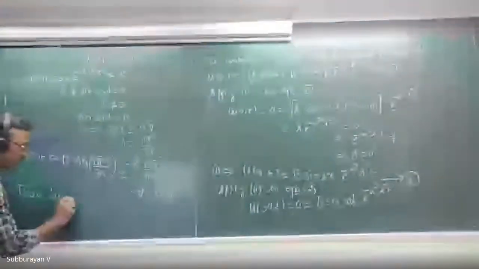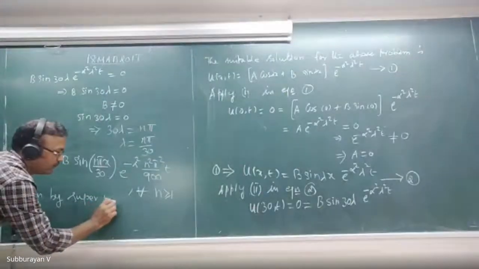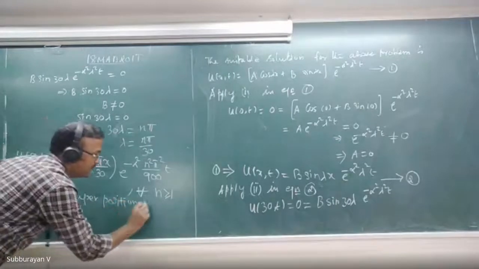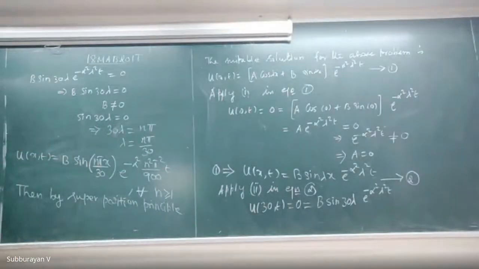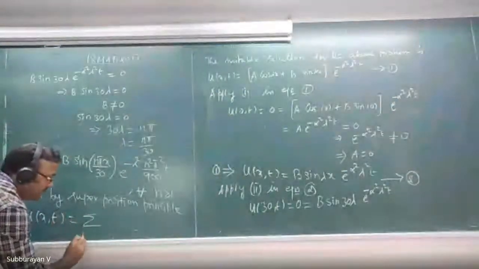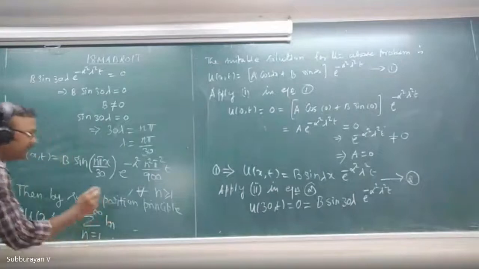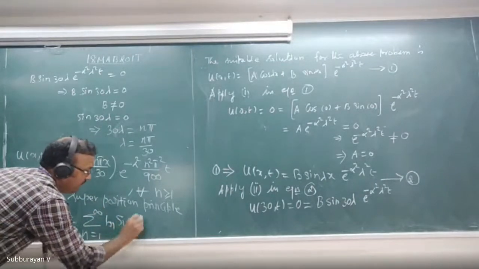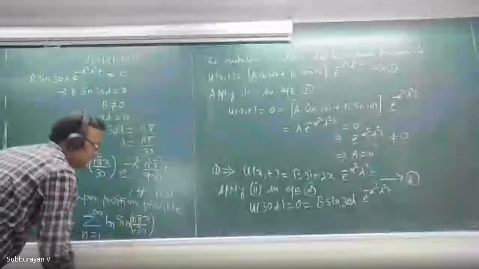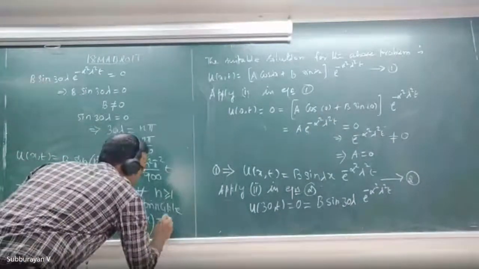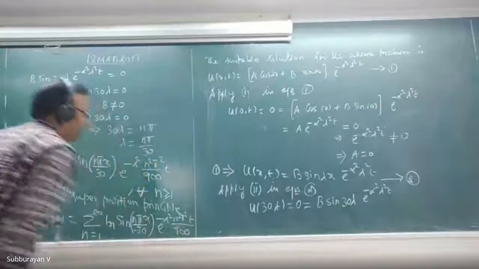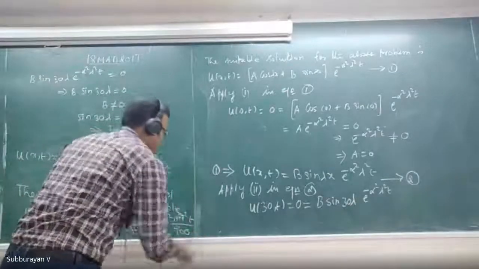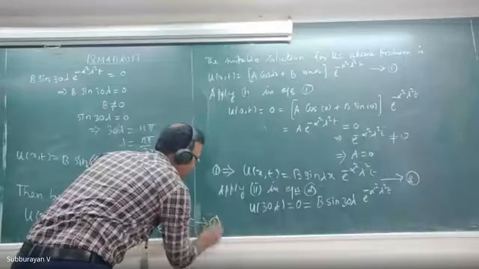Then by the superposition principle, the general solution u of x comma t is equal to summation n equal to 1 to infinity bn into sine n pi x divided by 30 into e power minus alpha square n square pi square t divided by 900. I call this equation number 3.